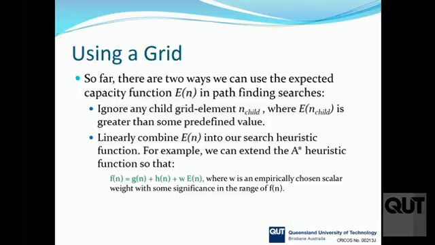So in this case, ignore any child grid element n where En is greater than some predefined value, or we might be able to linearly combine En into our search heuristic function. For example, we could extend the A-star search. We could create a function like this where W is an empirically chosen scalar depending on how much we want to include this evaluation into our heuristic function.